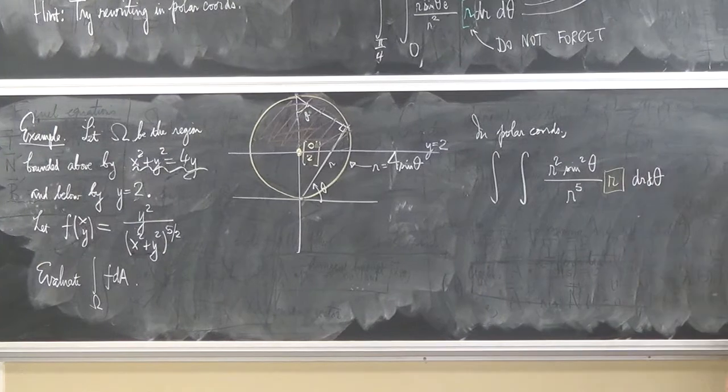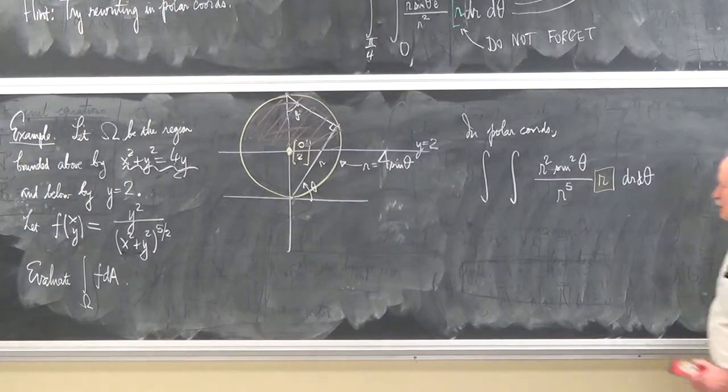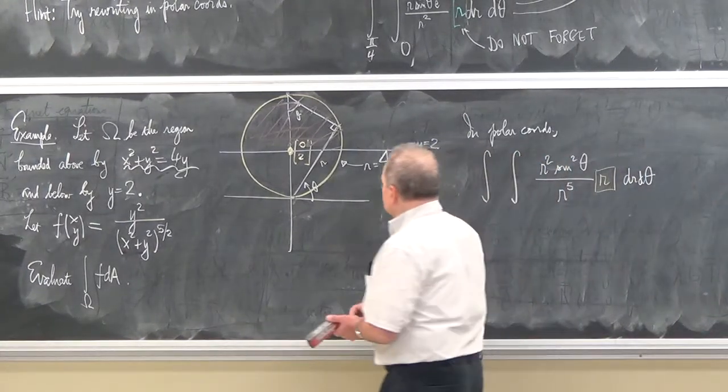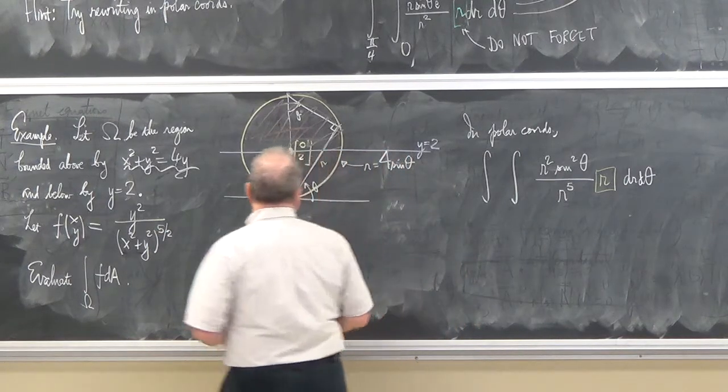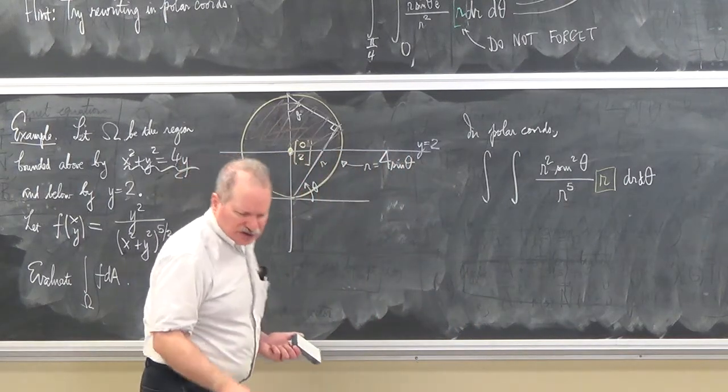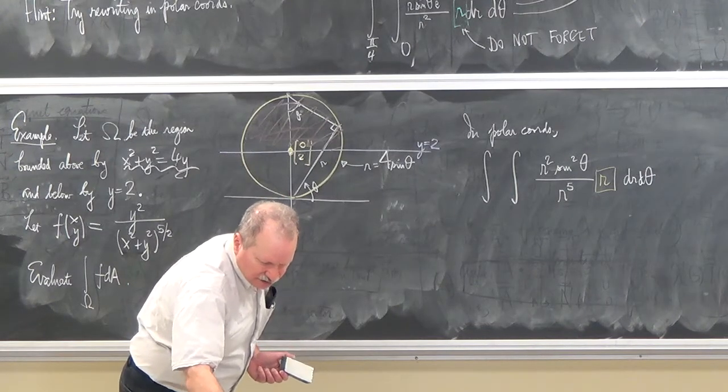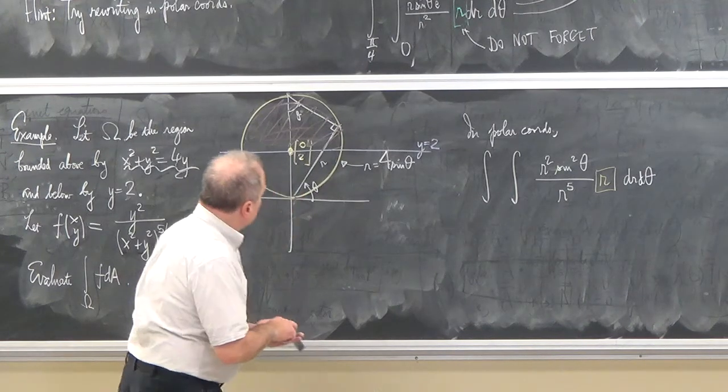Theta goes from what to what? From pi over 4 to 3 pi over 4. Certainly not 0 to pi, guys. That's right.